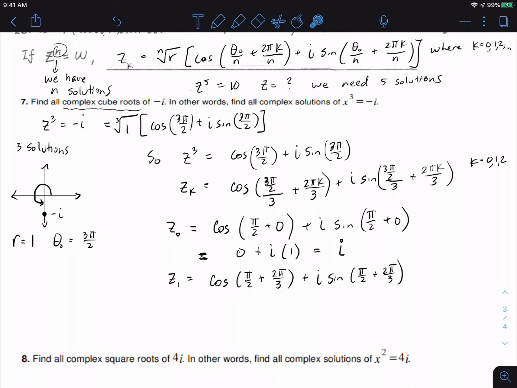And the reason that happens is because now my k is 1. So I'm going to add 2 pi times 1 divided by 3, which gives me that 2 pi over 3. And the same over here for sine, I'm going to get 2 pi k over 3. The k is going to be 1, so I'm going to be adding a 2 pi over 3. Does that make sense to you guys?